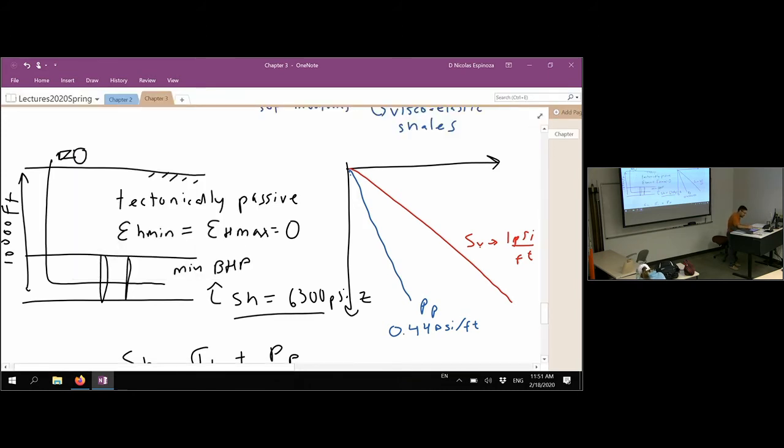This is telling me that now I have a new line which is going to be SH, and just to make it general, well, just let me leave it like that by now, but with the Poisson ratio that we assume, this is going to be 0.63 psi per foot for Poisson ratio equal to 0.25.